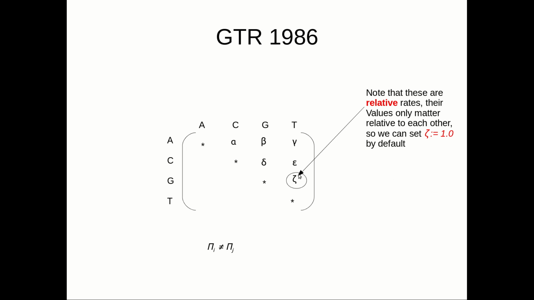So we don't need to estimate a rate for zeta, but just need to estimate the other 5 rates relative to zeta equal to 1.0. And that's how it is done in practice. So although the GTR model has 6 rates, it only has 5 free parameters that I actually need to optimize, because the rates are relative.